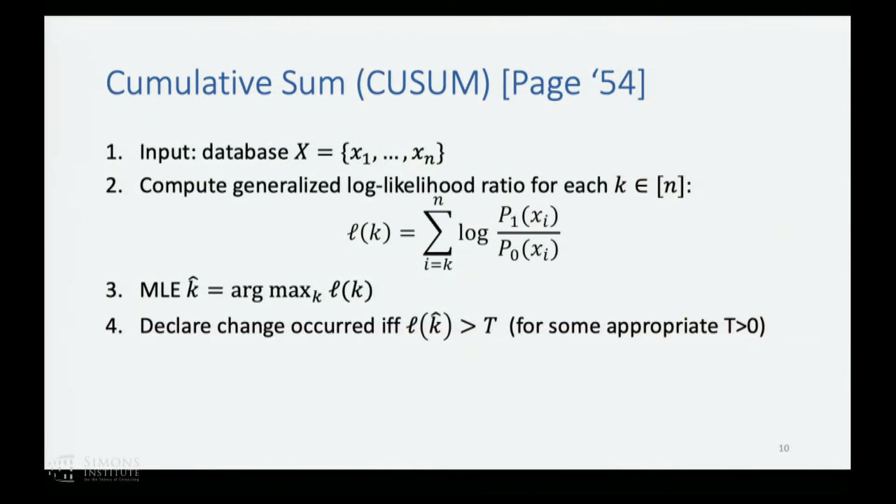It takes in some input database X, and it's going to compute a log likelihood ratio for each possible point in time. It's going to ask, at time k, how likely do I think a change occurred at this time? And that's going to be our log likelihood.